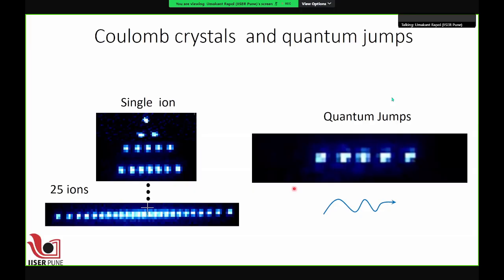Okay, I can't turn on this movie here of the quantum jumps. I'll try that later. So this video is about showing how to read the state of the qubit. When it's bright, it's 0. When it's dark, it is read as 1. I'm trying to find it.